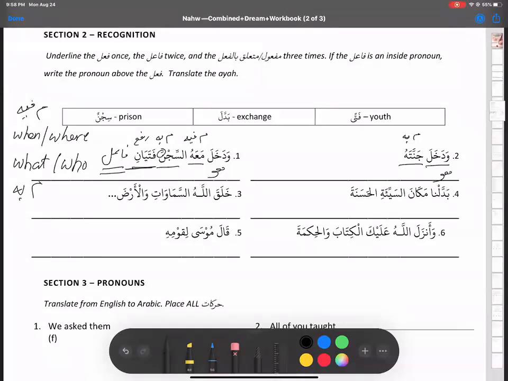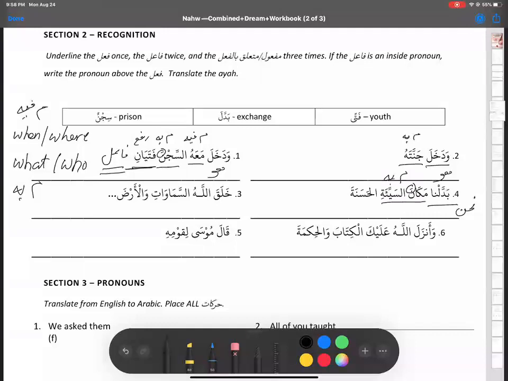Okay, so now badalna makana sayyiati hasanata. What is badalna? Fa'il is nahnu. Very good. So we changed or exchanged makana sayyiati. Makana is idafa fragment plus mafulun bihi.